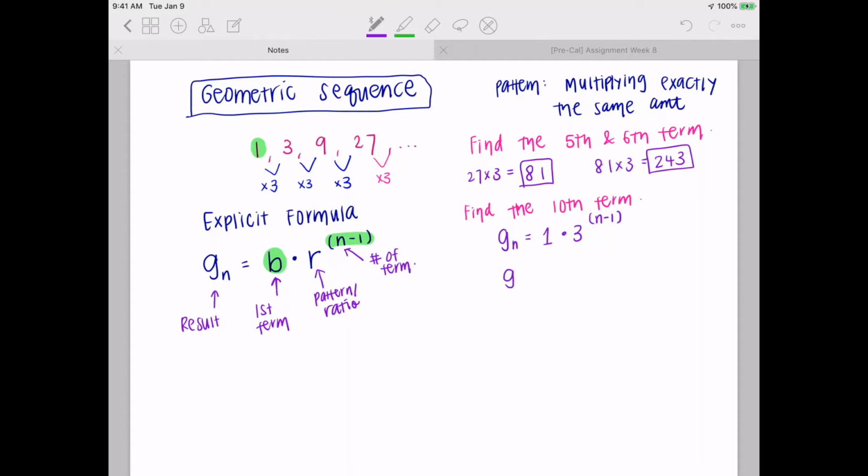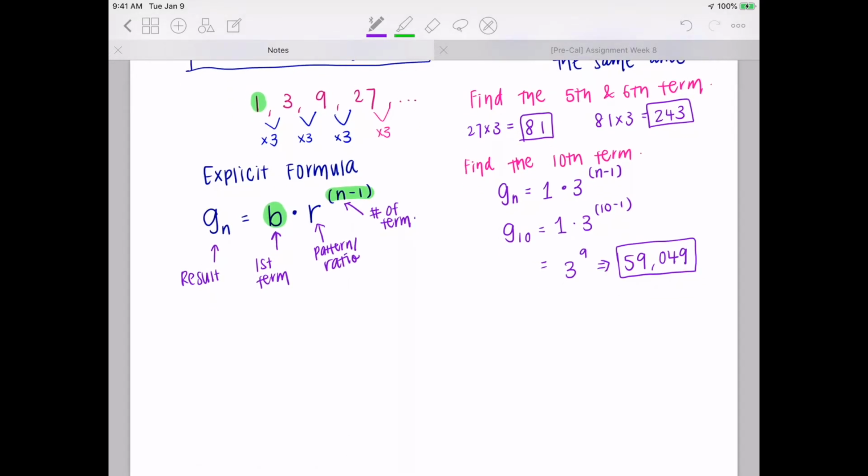But I'm going to put 10 here equals 1 times 3 to the 10 minus 1. 3 to the 9th power, which is 59,049. That's how you figure out your geometric sequence.